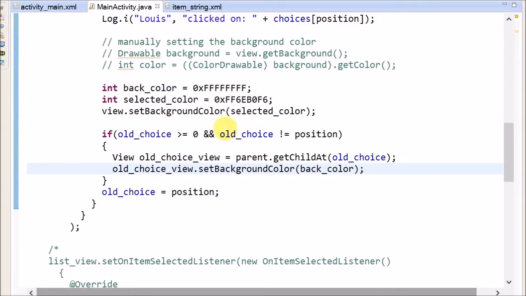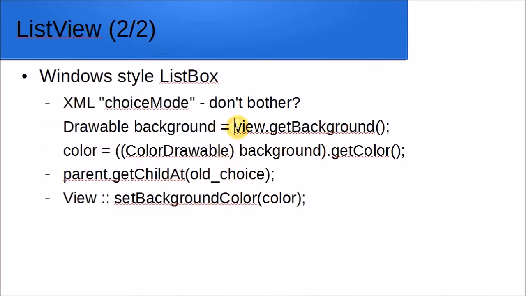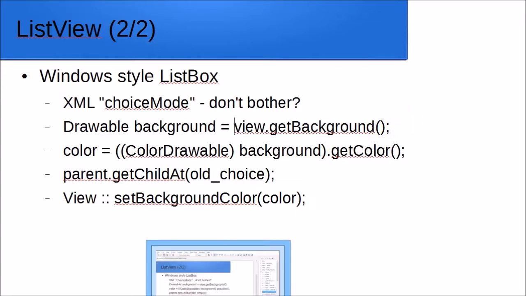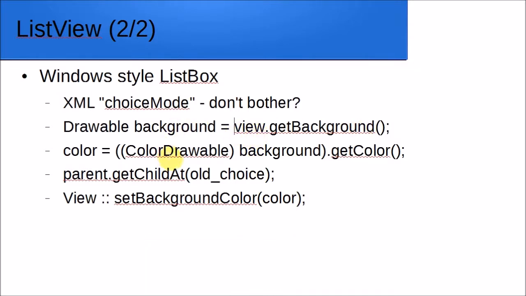I sort of made an assumption here. So how do you get the background color? It's view.getBackground. That gets you the background object, and then on the background object, you call .getColor.